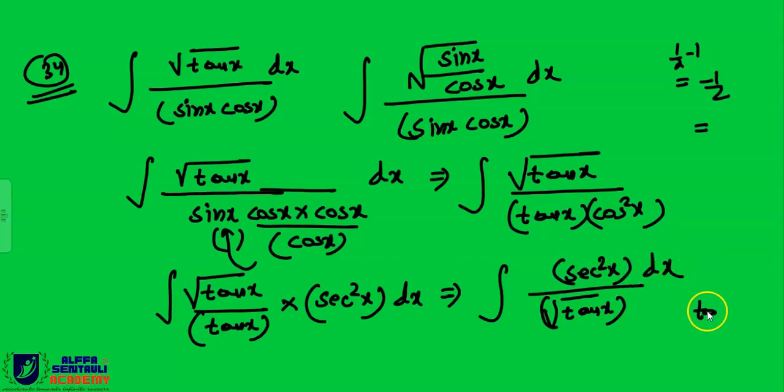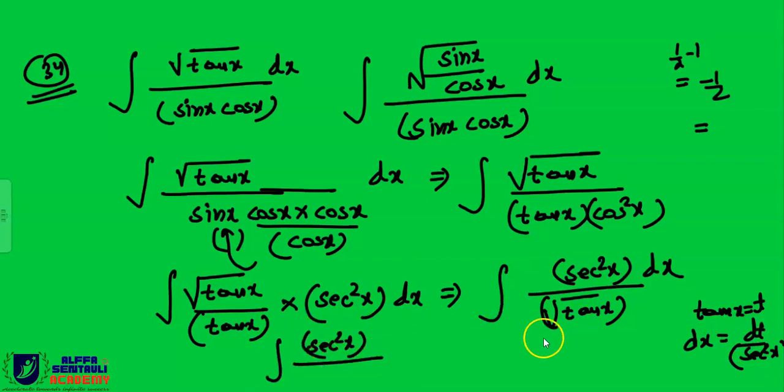Now you can substitute tan x as t. So when you substitute, you will get dx is equal to dt upon sec square x, correct? So now if we simplify this thing, beta, this sec square x will be written as it is. We have assumed tan x as t, so the root will be there. So in place of tan x, I'm writing t, and dx.